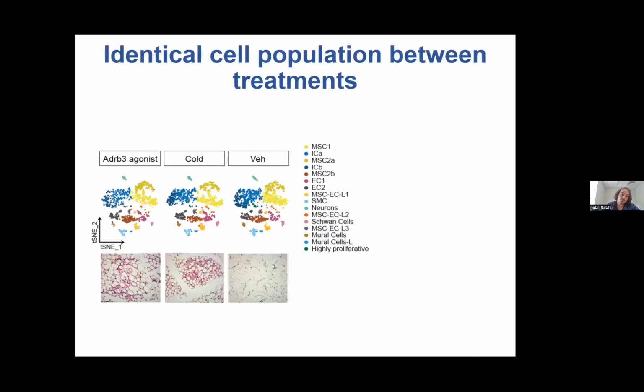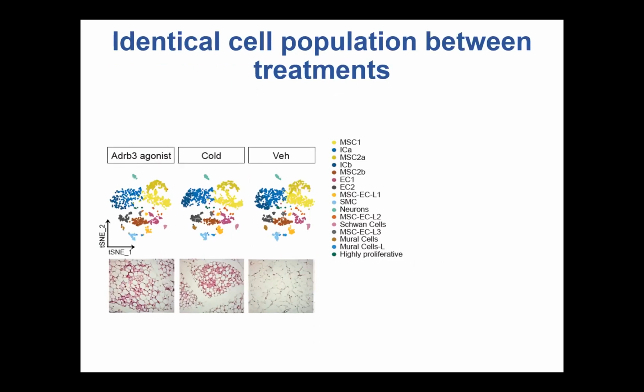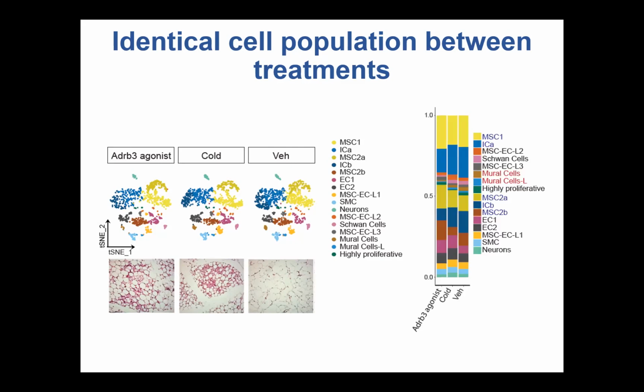To our surprise, our first finding when we compared the different treatments was that we didn't find any differences between the subpopulations present in the three conditions. Whatever treatment we used, they looked the same. The same populations of cells were present compared to vehicle treated mice, even though cold and beta-3 agonist treatment can lead to browning of the tissue. However, we did notice changes in the cell numbers of each population.